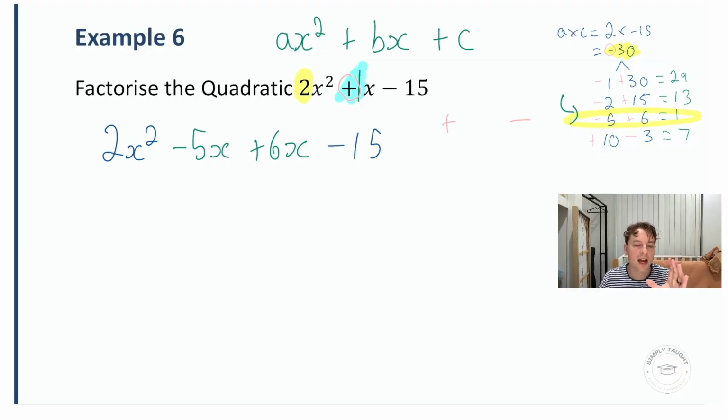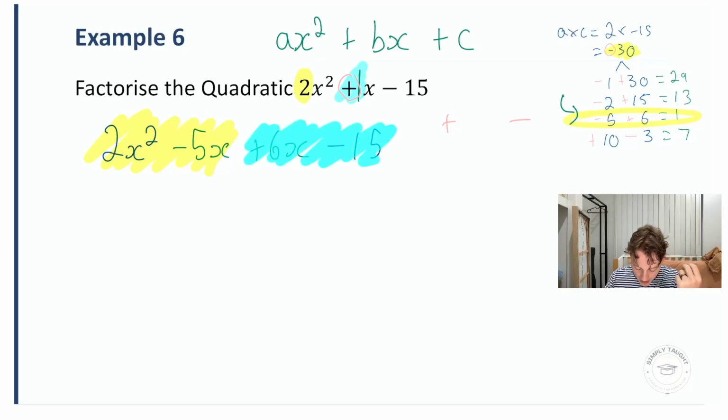So once I rewrite my quadratic now with 4 terms, I want to use grouping. Now what grouping means is I look at the first 2 terms over here, and I look at my second 2 terms, let's use blue, over here. So I want to look for common factors in my yellow terms, common factors in my blue terms, and bring them out the front.